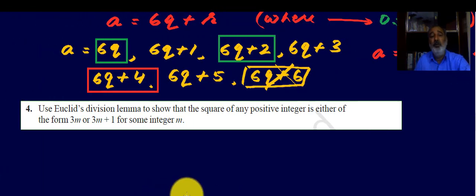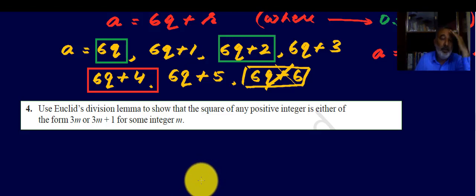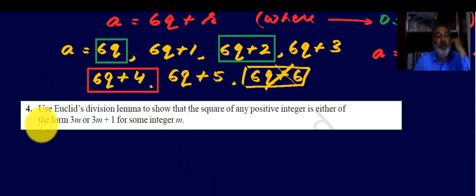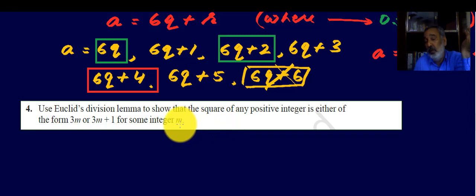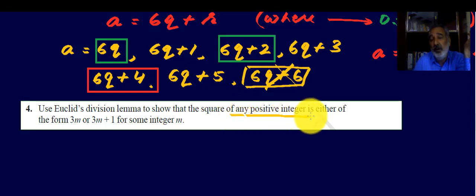I'm taking some more forms. Now I need some basic concepts to devise how to write squares. In the next question, we have to apply Euclid's division lemma to show that the square of any positive integer. What is the meaning of this any positive integer? Remember, in question 1, I had two forms.